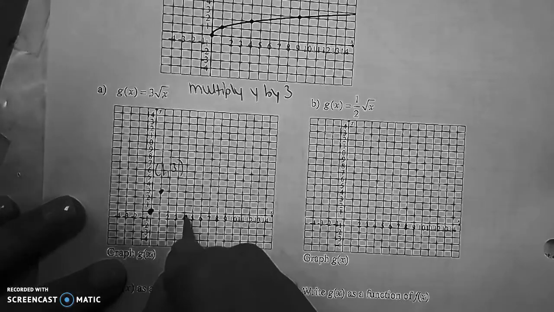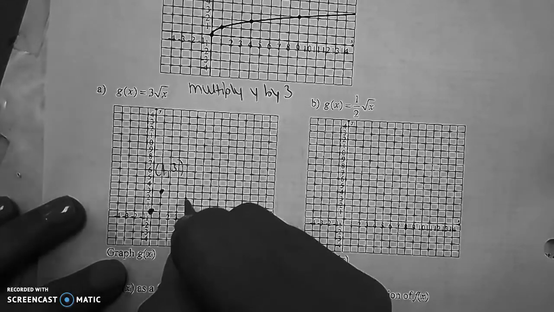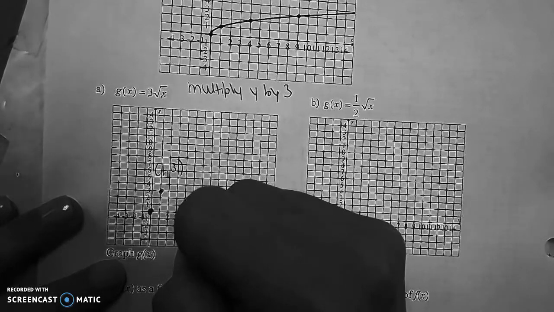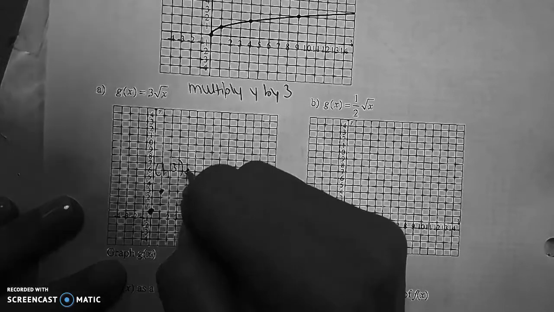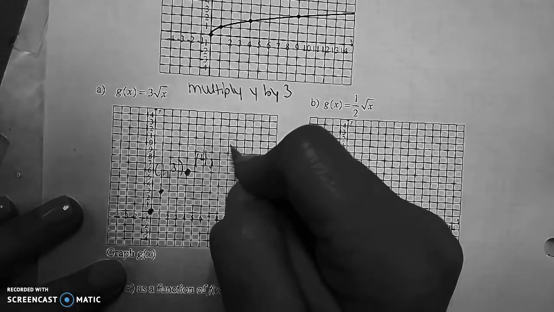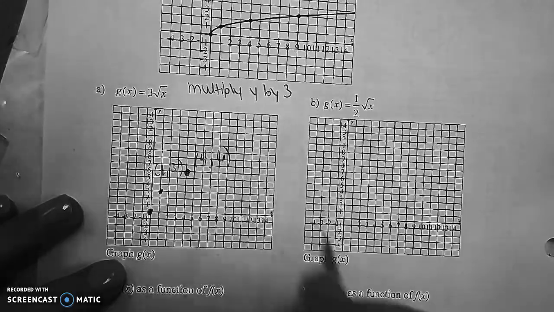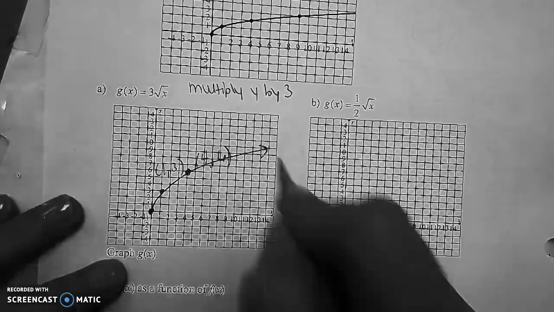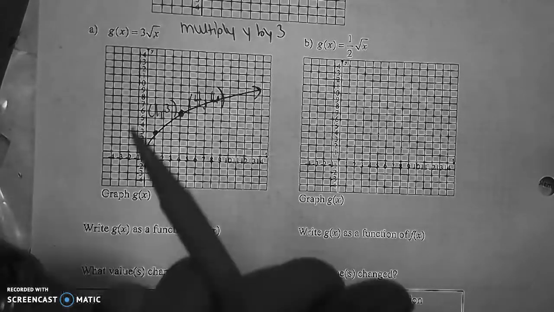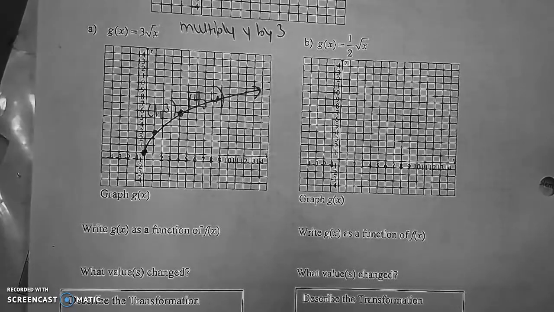I now have the point 4, 2 on the parent function. It has a y value of 2. 2 times 3 is 6. So that point, the x doesn't change. The y is now 6, and I have enough to get the basic shape. Does it look like we took this graph and stretched it vertically by 3?